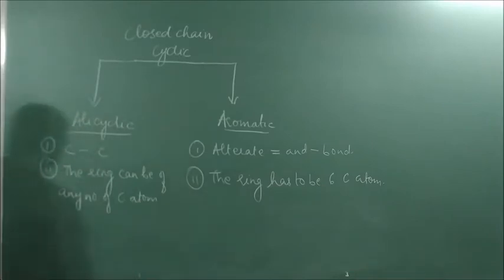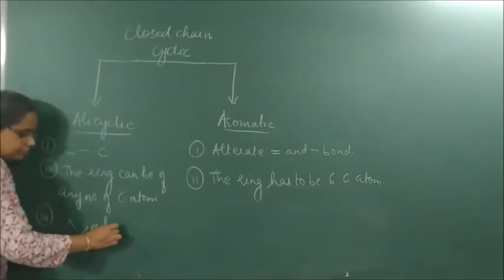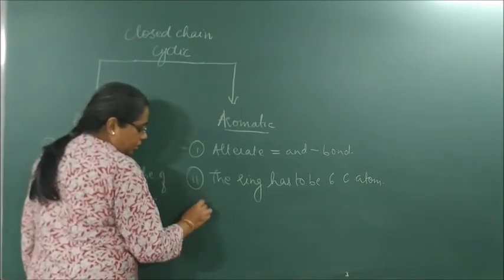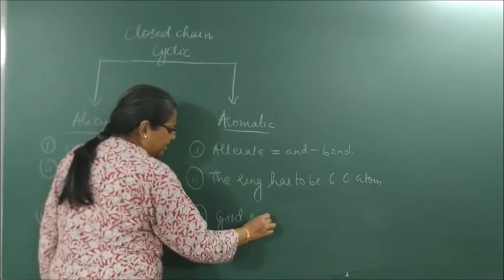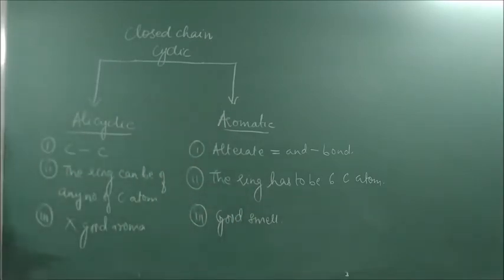Aroma means what? Good smell. So here, no good smell, while these have a very good smell. Phenol, phenyl: you have seen, no? Have you smelled phenol? A hospital smells like a hospital because of that phenol or phenyl.